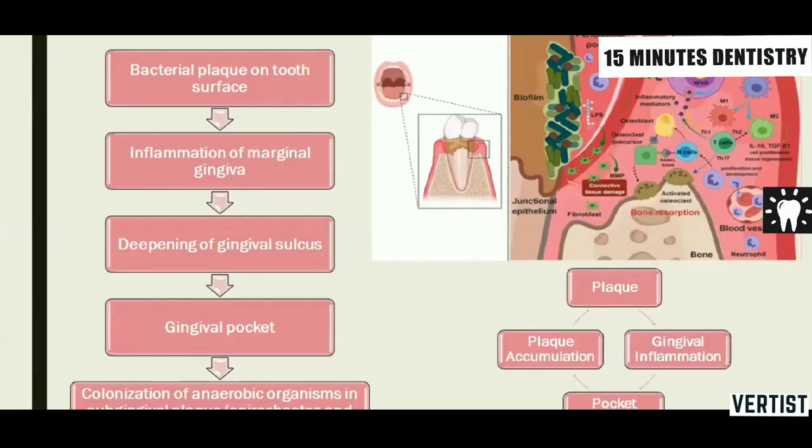So we need to do a thorough scaling and root planing. Then only are we going to remove all the plaque and these endotoxins completely. So that is very important.